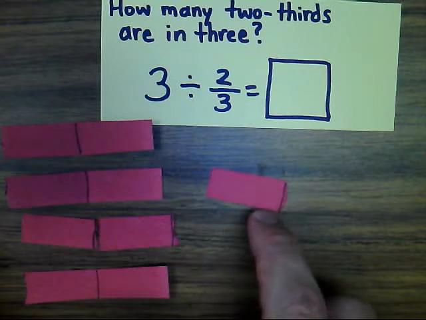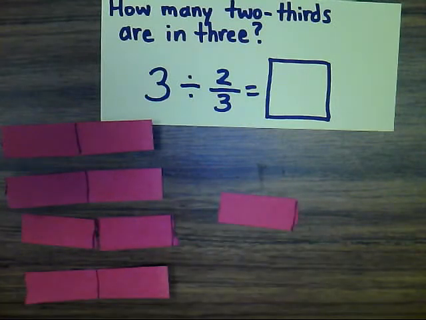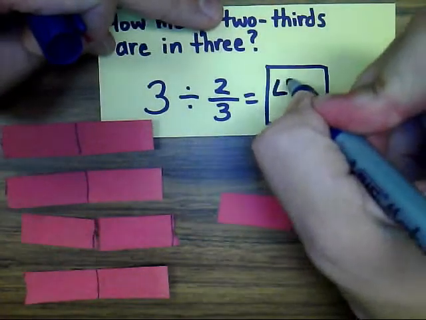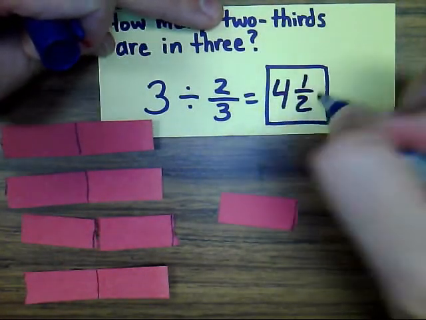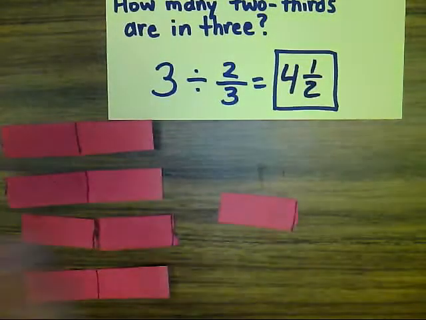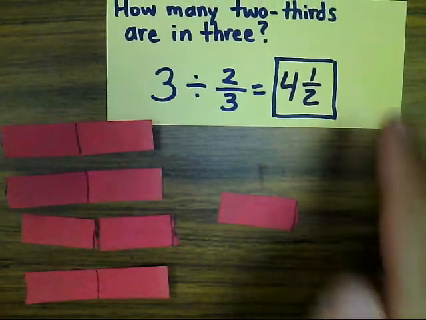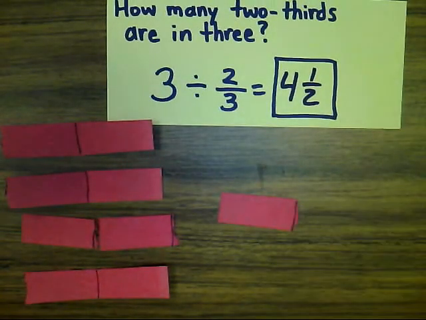That's 1 out of the 2 pieces it would take to make another group of 2/3. So my answer here would actually be 4 and a half. To a lot of people, 3 divided by 2/3 equals 4 and a half just doesn't compute, because we're not accustomed to using fractions.